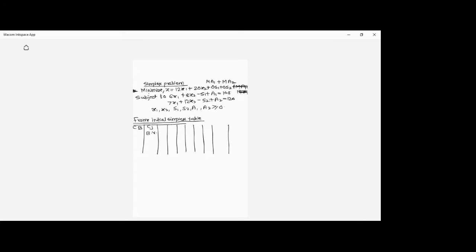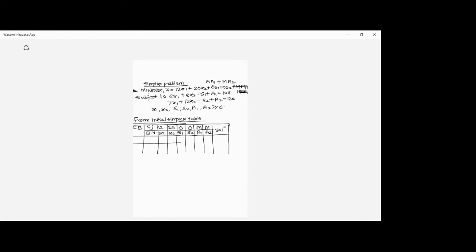Here the variables that we have are x1, x2, s1, s2, a1 and a2. The coefficients in the objective function for all these variables are 12, 20, then 0, 0, M and M.